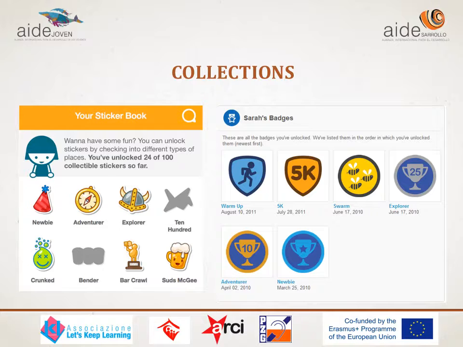If you think about badges, we have already seen that badges are a way of collecting. You don't only have a graphic measure of your achievement, but you have a set of badges you want to unlock. Of course, each of them has a value.